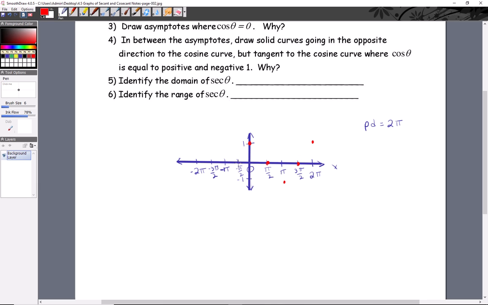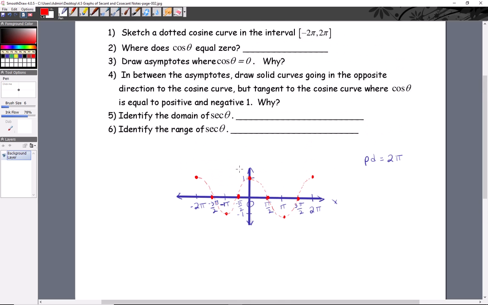And we can go the same in reverse: middle, low, middle, high. And let's just dot that as a cosine graph. We're not actually graphing cosine. We're actually going to be graphing secant, but it has a backbone of cosine. So there it is, easy to graph. We've done it before.